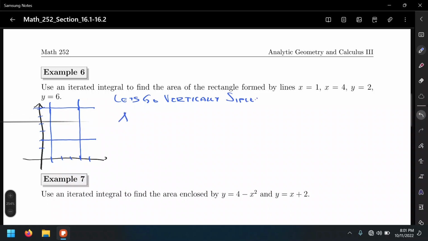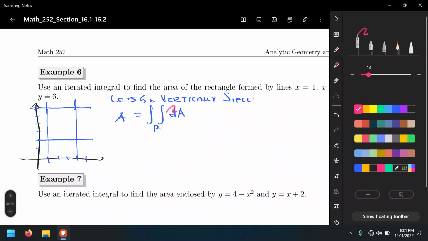In this case, area is going to be the double integral over the region R of dA. By the way, for a double integral to represent area, there has to be nothing between the integral symbols and the dA other than an invisible 1. If you see something like a 5, an x squared, sine of x cubed, whatever, that's no longer an integral representing area.